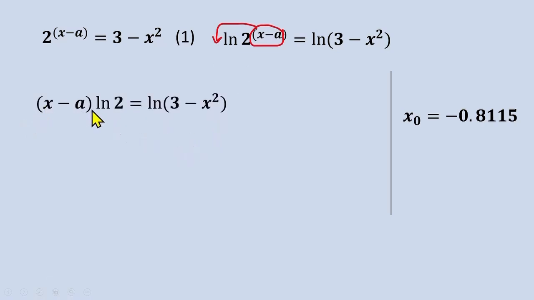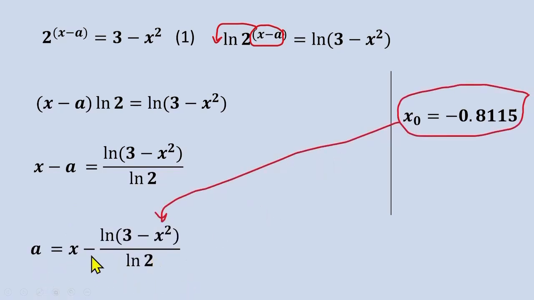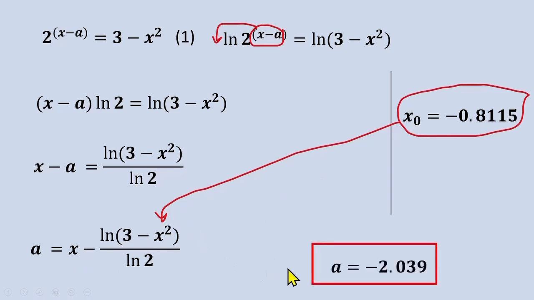From here, dividing by ln 2, we can find x minus a. And finally, we have an equation for a. We use here, instead of x, x0. And we get for a this value. This solves the problem.